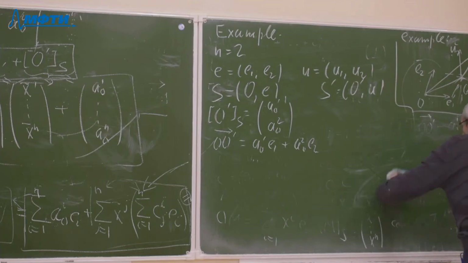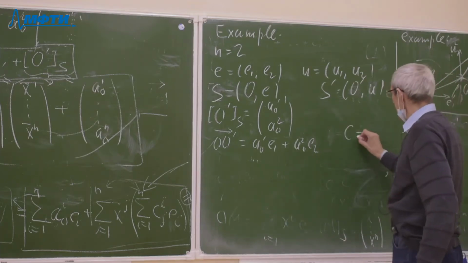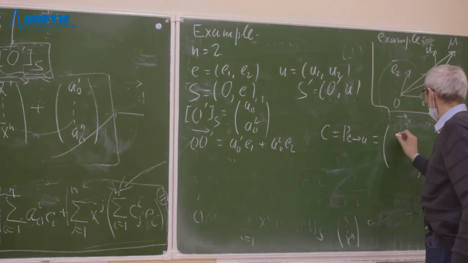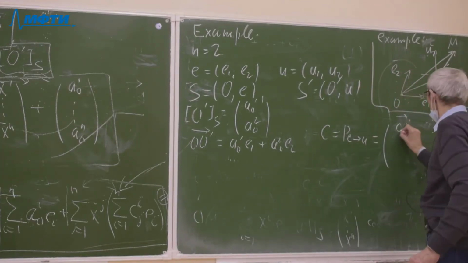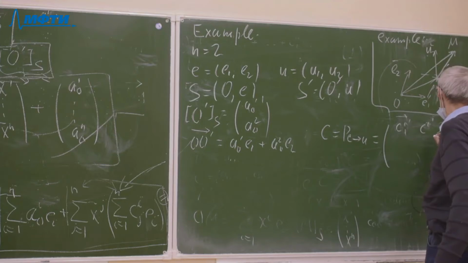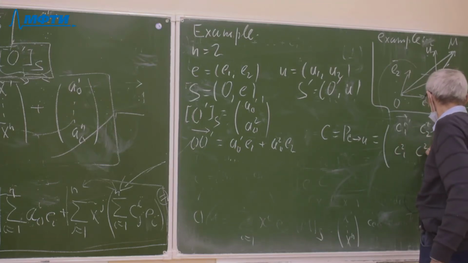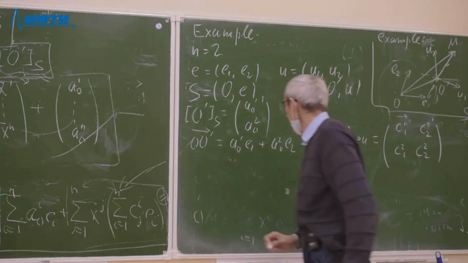and the transition matrix C from E to U is equal to C11, C12, C21, C22.